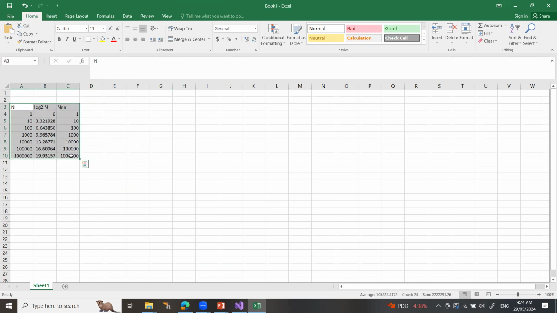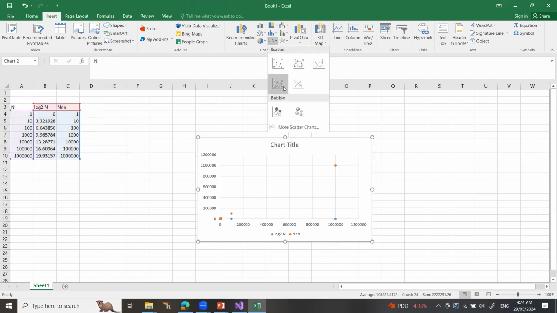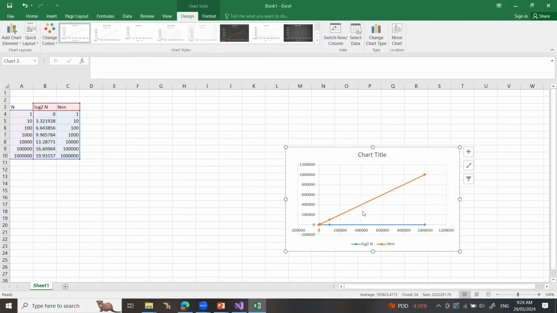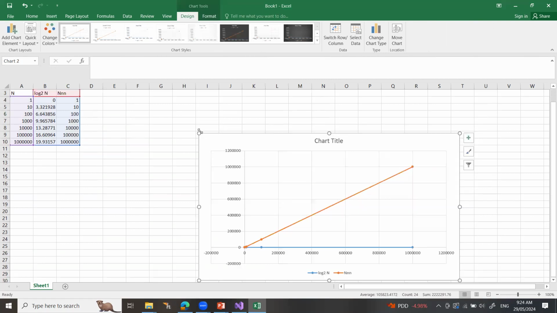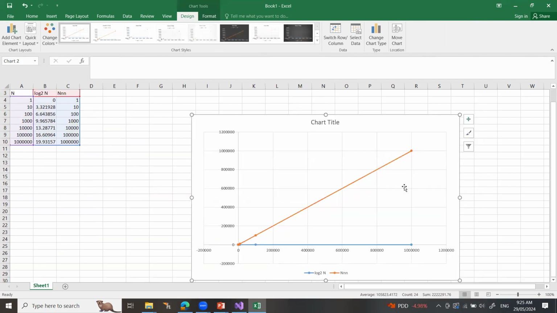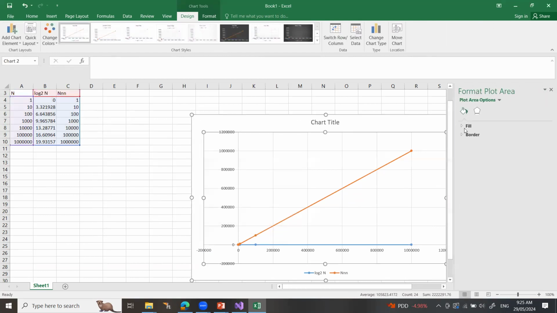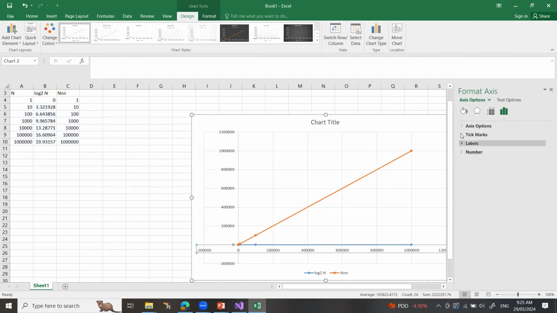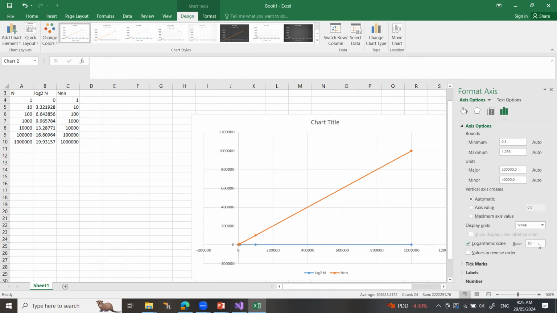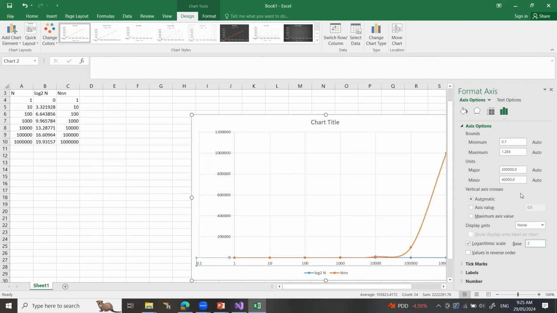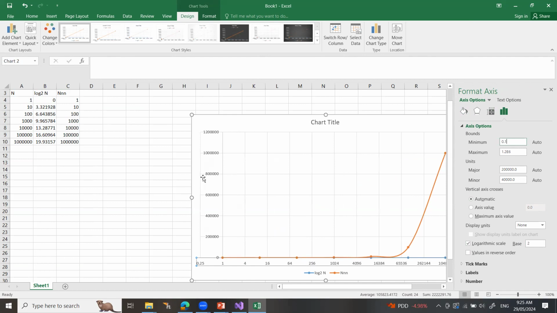Let me regenerate the chart reference. Let's make it back to log.